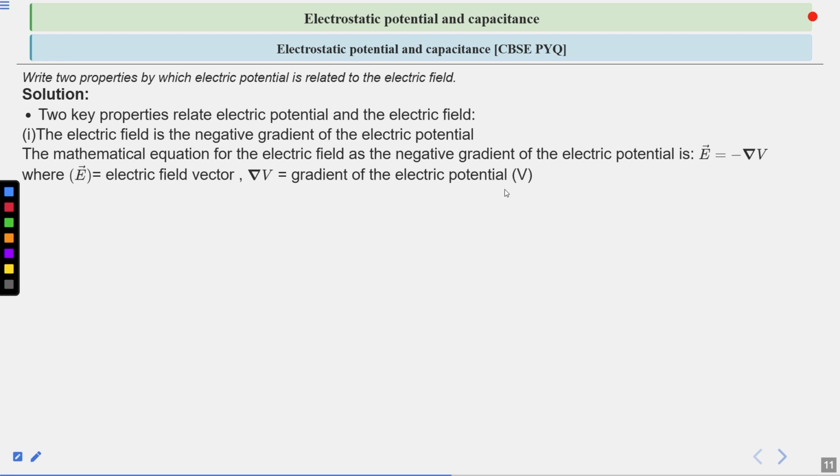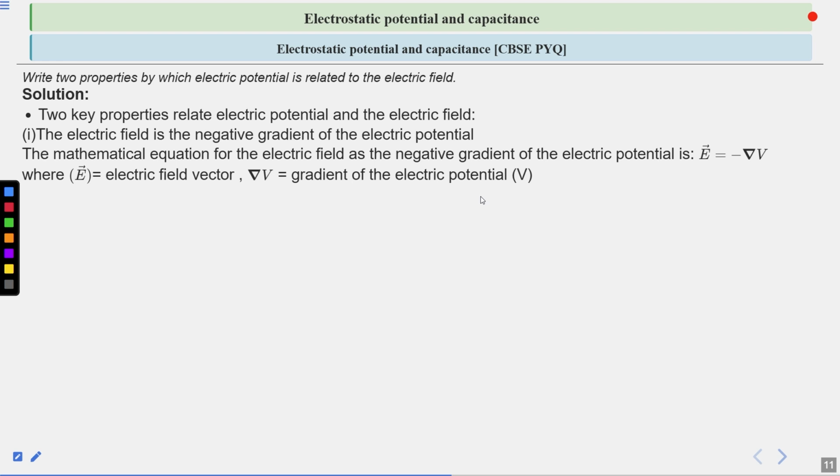So the gradient is the variation of potential difference with respect to the variation of distance in the space, the difference between two points, or the distance from the source from where the electric field is being generated. So potential difference upon displacement, or separation of two points, shows the electric field in that region.